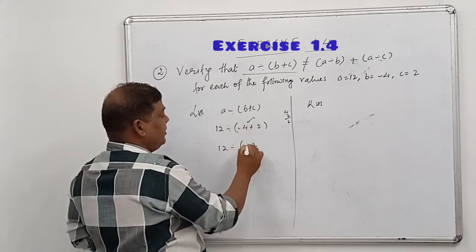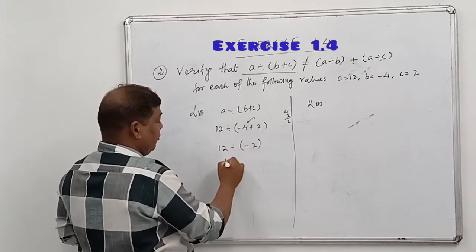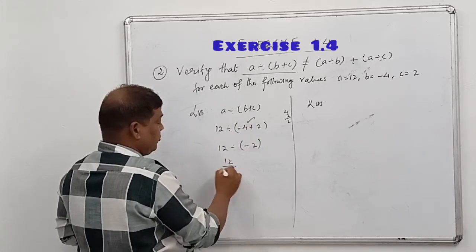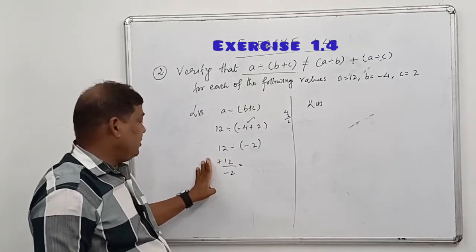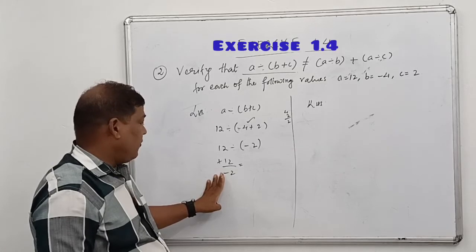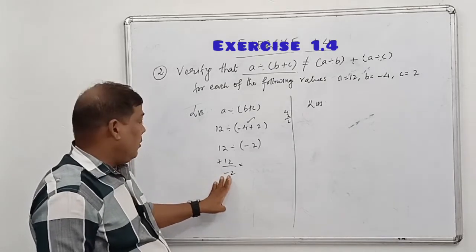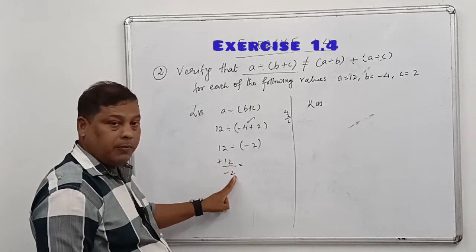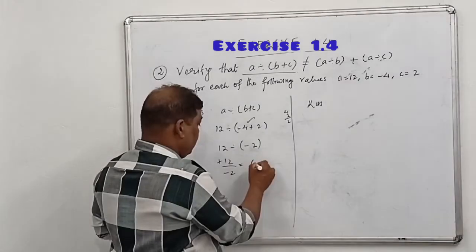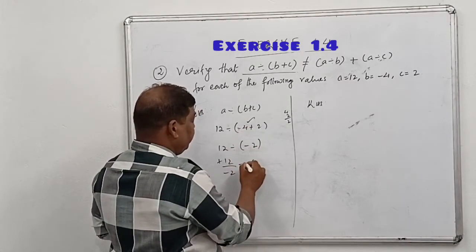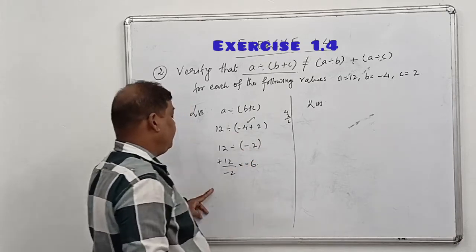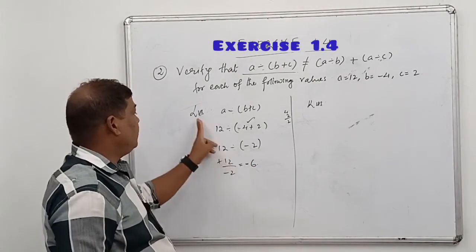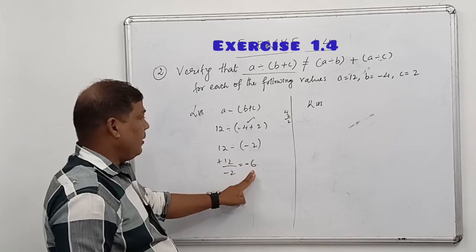So 12 upon minus 2. When you divide a positive integer by a negative integer, first we divide them as whole numbers, that is 6. So plus and minus means you put a negative sign before the quotient. So the value of LHS is equal to minus 6.